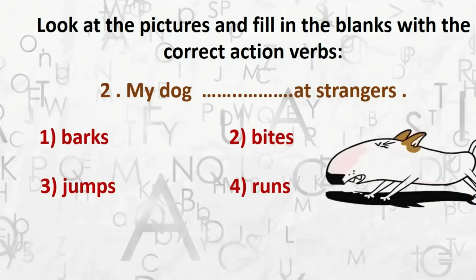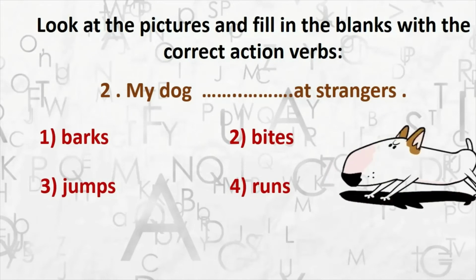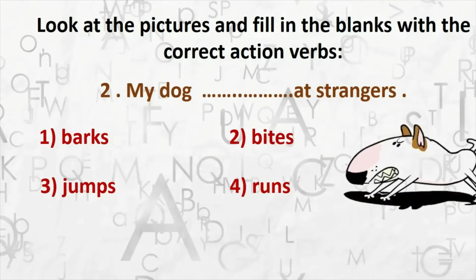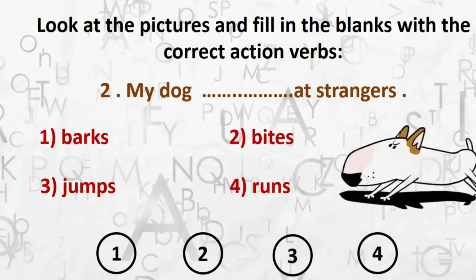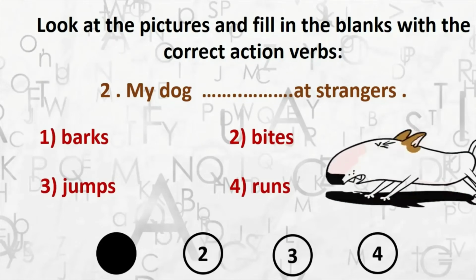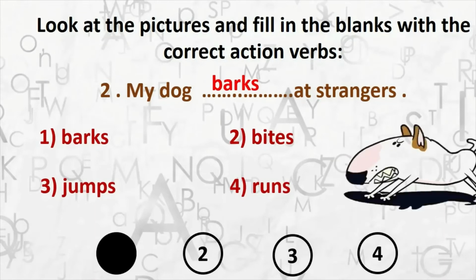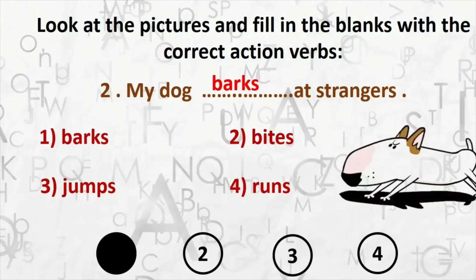So which one will be the correct answer here? Which is the verb that is being described? Is it 1, 2, 3 or 4? It is the first one. My dog barks at strangers. So what is the dog doing here? He is barking. See, he is continuously barking. He is very annoyed, it looks like.